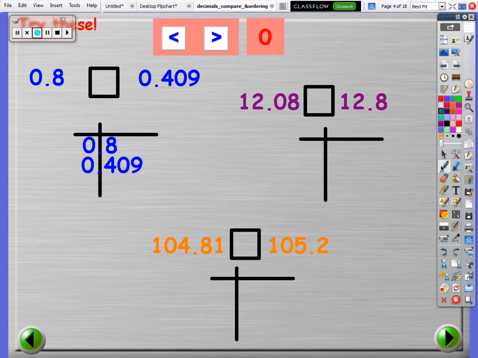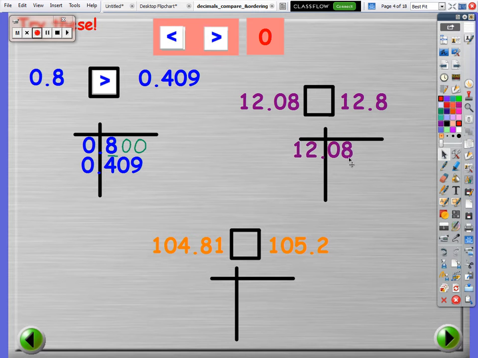Add my zeros. We have some more of these problems that we're going to do in class tomorrow. Same, 8 is bigger, which means my 8 tenths is greater than my 409 thousandths.